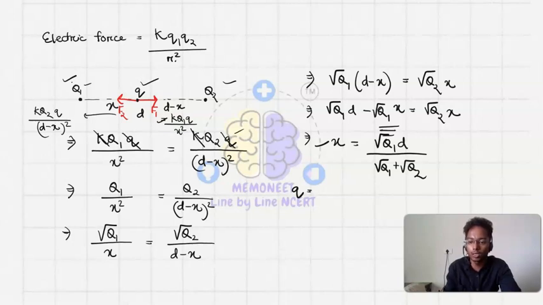If we equate these, we have q1 upon x square is equal to q2 upon d minus x whole square. Taking the square root on both sides, we have under root of q1 upon x is equal to under root of q2 upon d minus x. On solving this, we get x is equal to under root of q1 into d upon under root of q1 plus under root of q2. So this is the value of x.